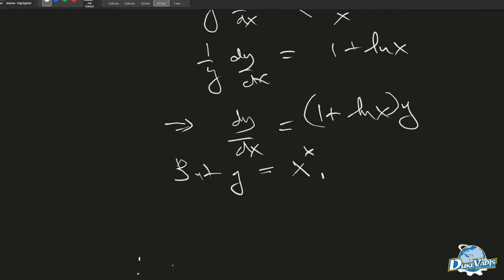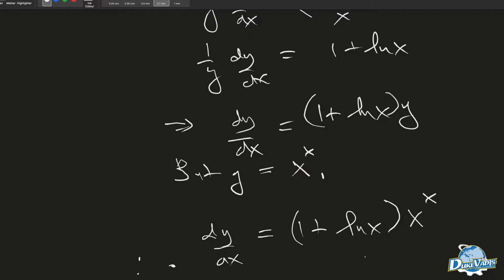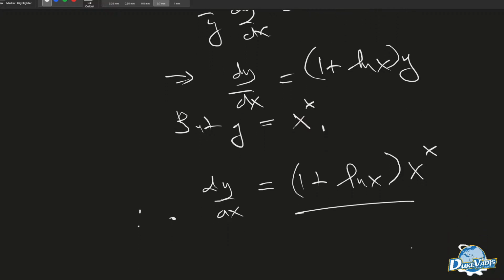So therefore, dy/dx will be equal to 1 plus natural log of x, multiplying x raised to the power x. Hence the proof. So this is what we get for our differential.